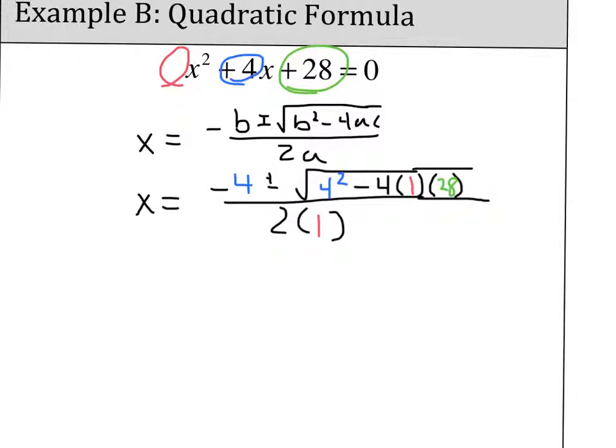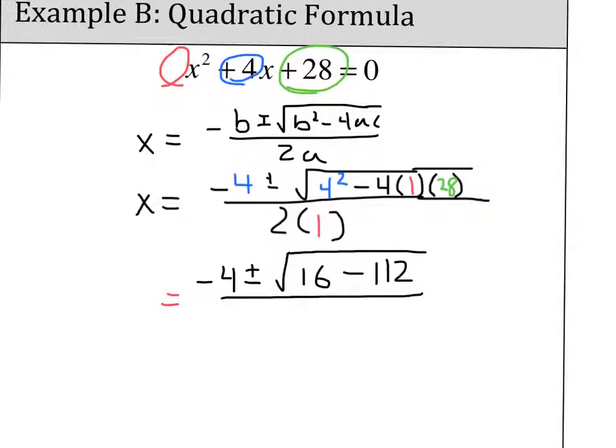All right, so now that we have this set up, let's go ahead and attack. We've got negative 4 plus or minus. Here we get 16 minus 90. Oh, excuse me, try that again. That would be 112. 16 minus 112, radical over that, all over 2.